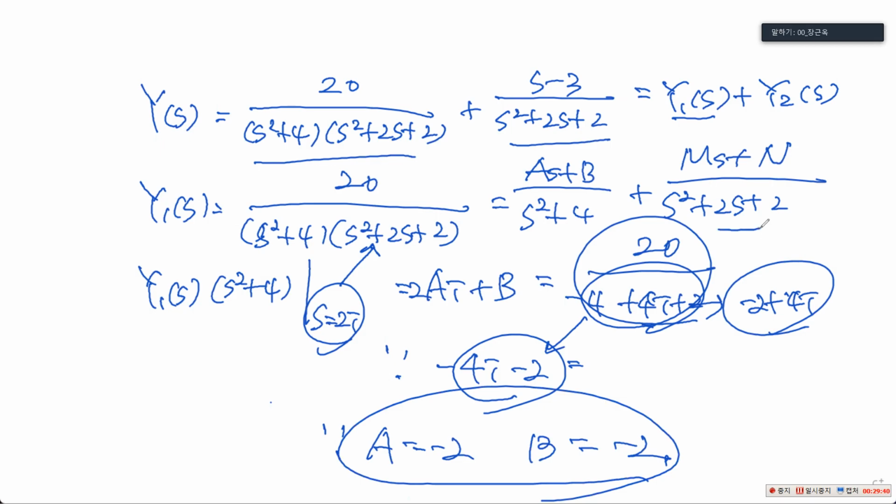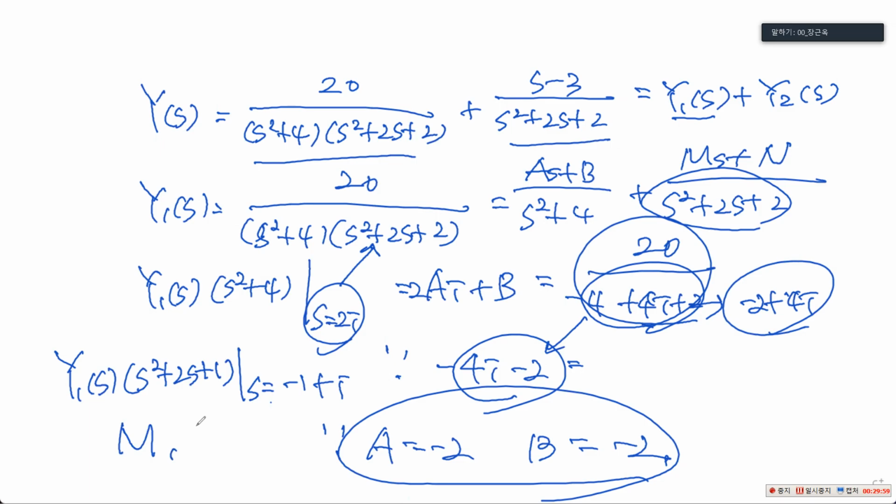Okay, once we multiply y1 by s squared plus 2s plus 1, when s equals minus 1 plus i, then we can similarly calculate the other two constants. So that's how we can calculate the inverse transformation of y1.